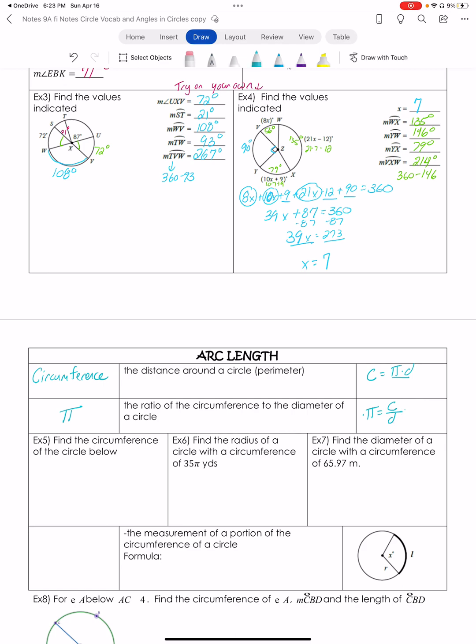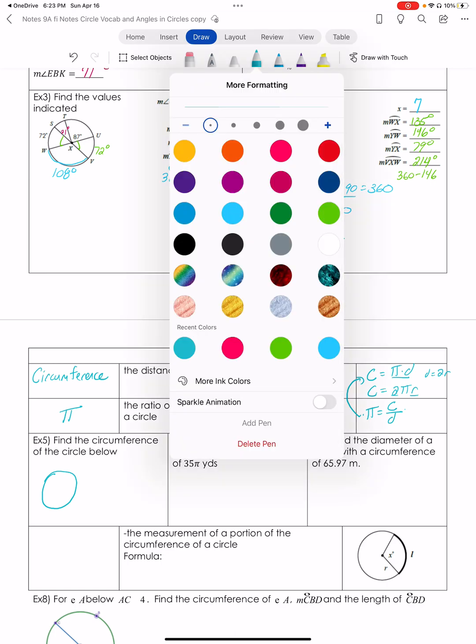All right, actually I'll do a little arrow up here. I also know that the diameter is equal to 2 radiuses, so this is also 2 pi r. Okay, so, oh, there is no circle here. Well, that's interesting. It did not show up. So we're going to imagine that Miss Holly can draw a good circle with her iPad.